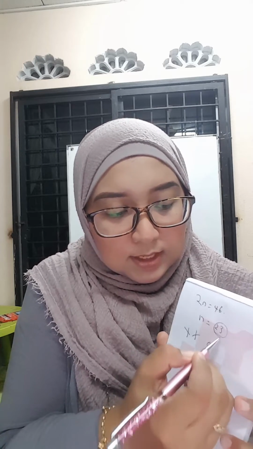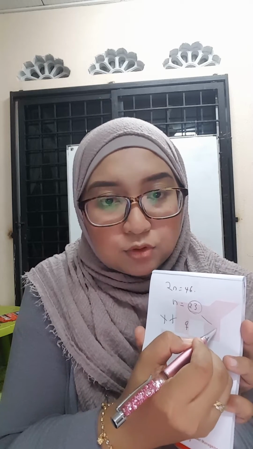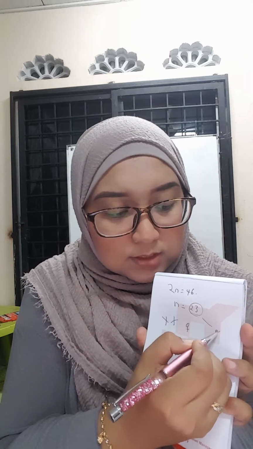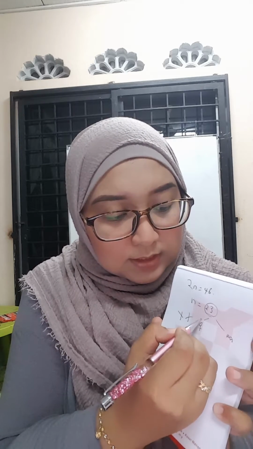Okay, and then kita ada 23 set kromosom, satu set adalah untuk tentukan jantina, kita panggil sex chromosome. Baki 22 lagi kita panggil sebagai autosome.